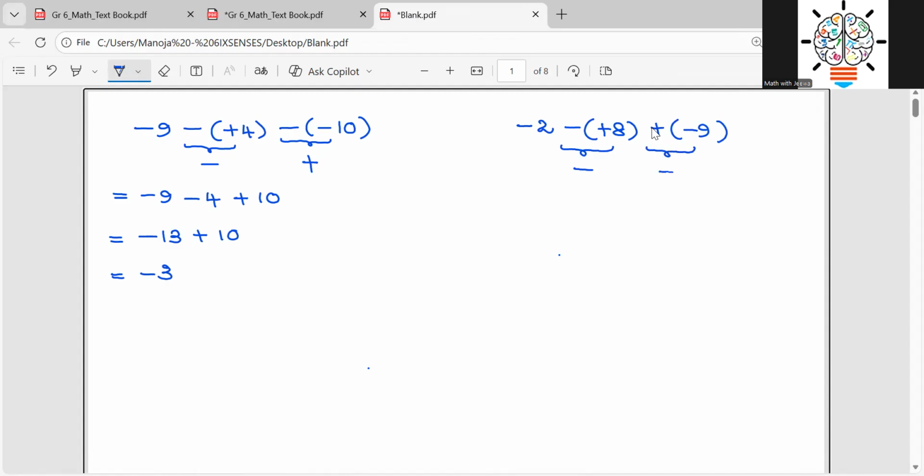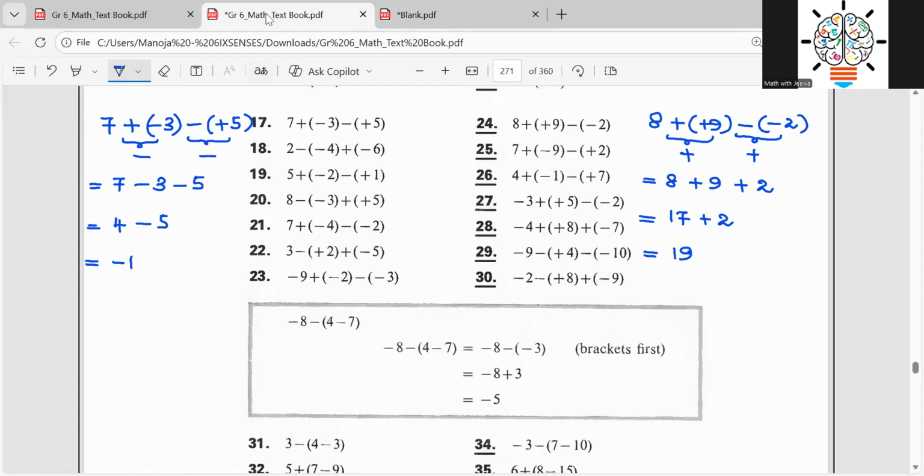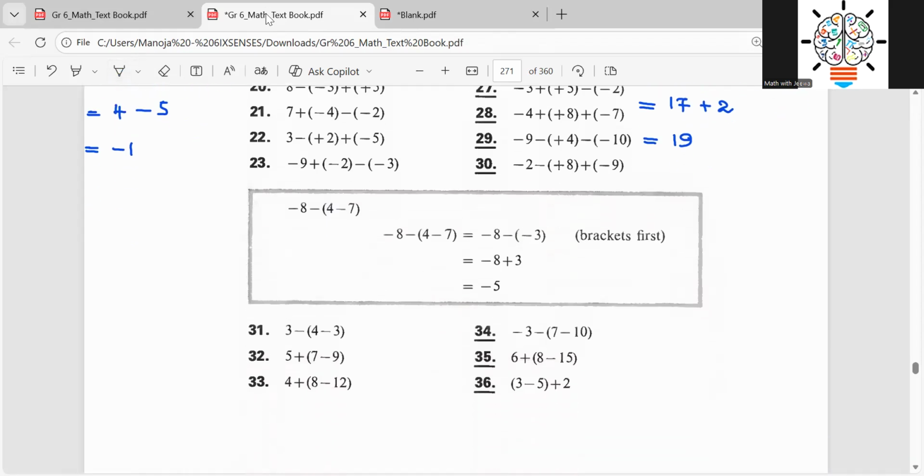Positive, negative, it is negative. Then you rewrite -2, -8, -9. -2 and -8, it is -10. -10 and -9, it is -19. Do them step by step. Don't skip the steps, because that way you can do this nicely and easily see how I have done it, right? So that is one type of question we wanted to discuss.